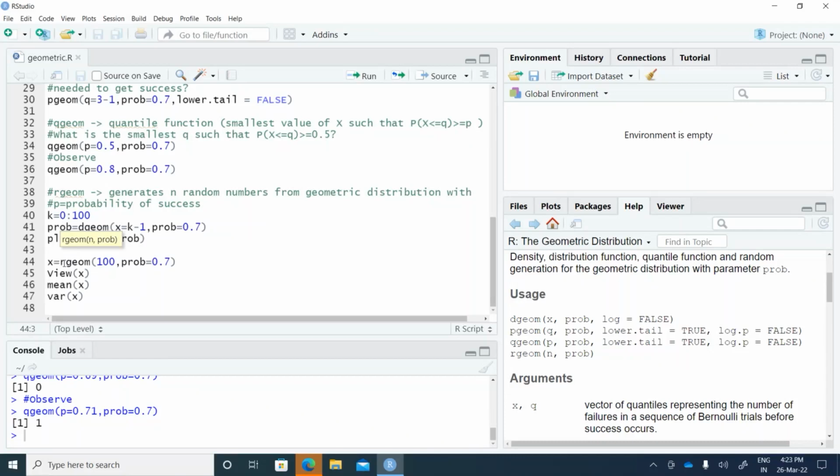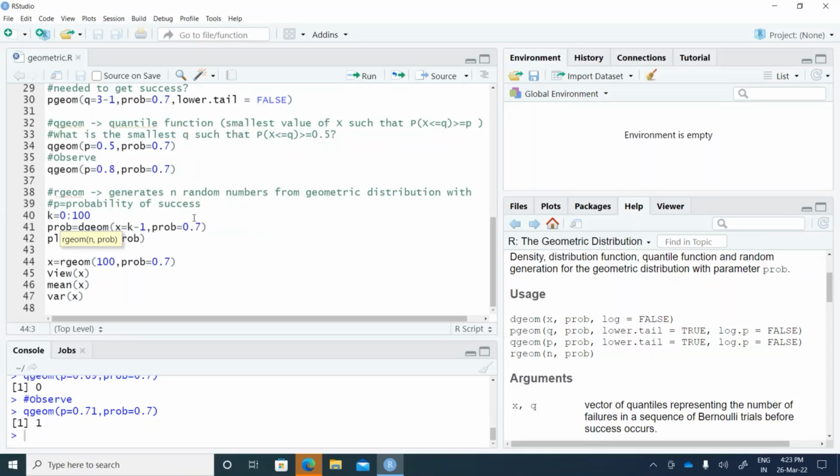Okay. So for example, you can check out here the syntax of rgeom has appeared. It is n comma prob. So n is how many random numbers you need from that geometric distribution, that is, the length of your data set, and prob is the probability of success.